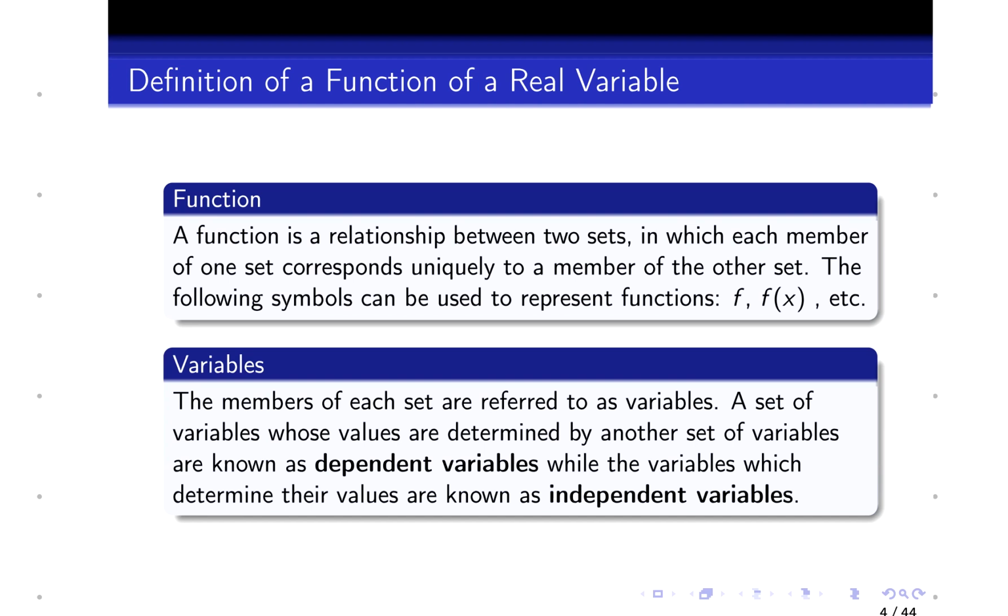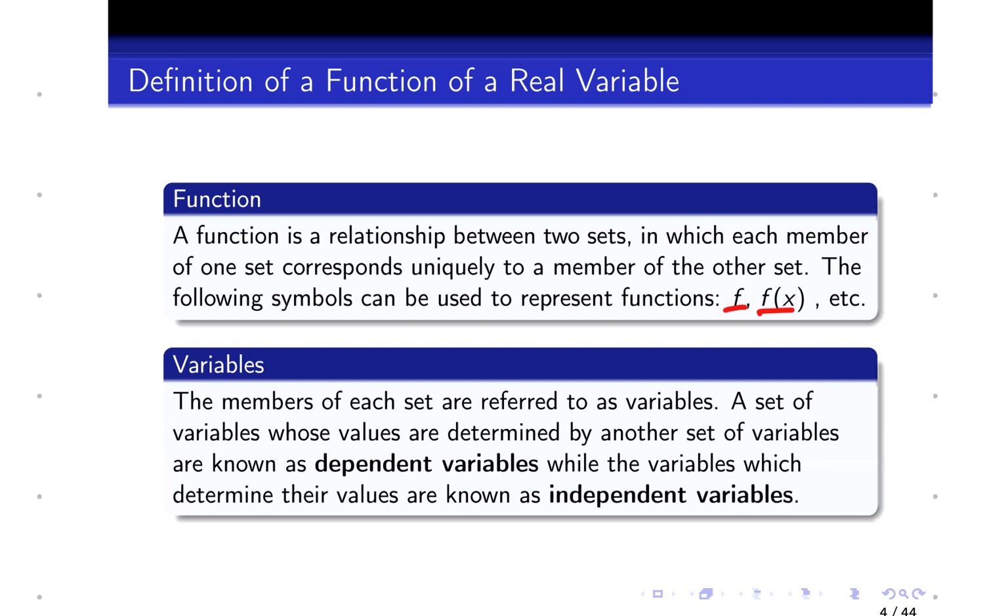Then, as a result of the other things associated to a function, we also need to know about variables, right? The members of each set are referred to as variables. So you have two sets, and in each set you have what you call variables. A set of variables whose values are determined by another set of variables are known as dependent variables. But those variables which determine them are known as independent variables.